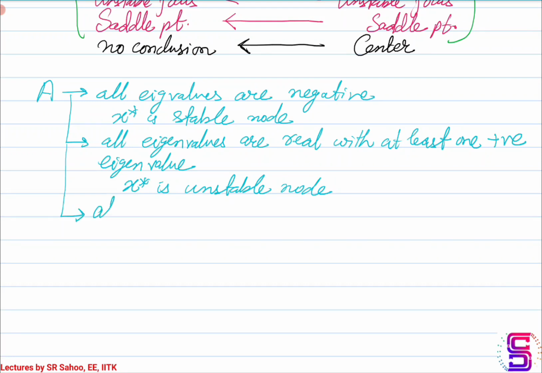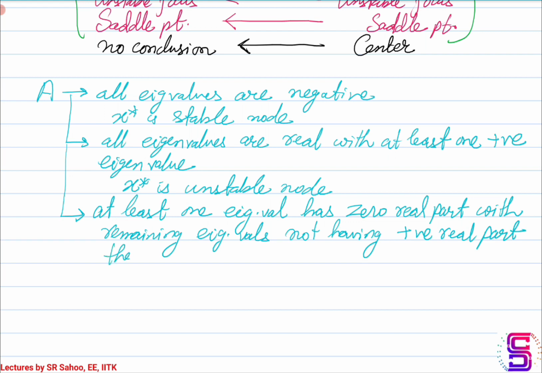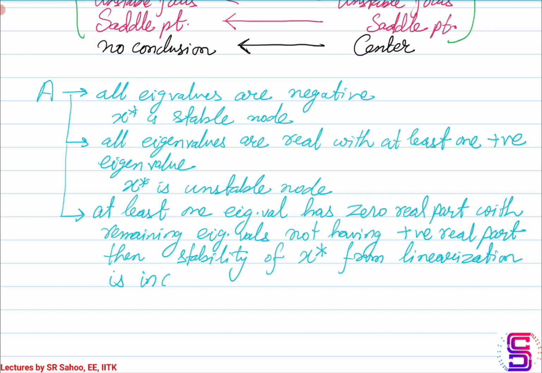If at least one eigenvalue has 0 real part with the remaining eigenvalues not having positive real part, then the stability of x star, the equilibrium point of the nonlinear system, from linearization is inconclusive.